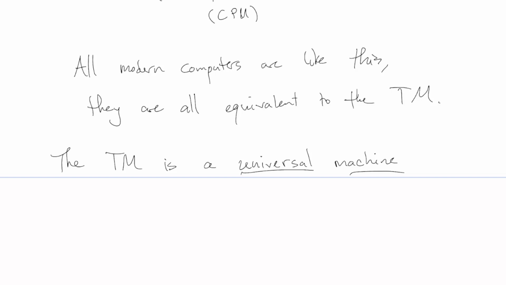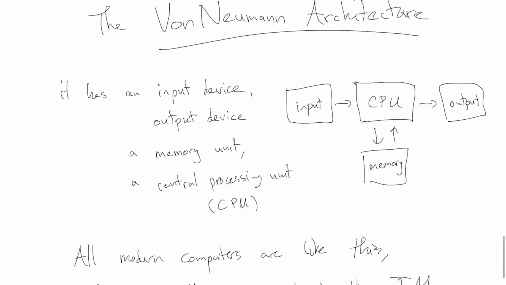Any thoughts about that? You might wonder, can a Turing machine simulate a quantum computer then? Because a quantum computer is fundamentally different from this kind of thing. Although it turns out quantum computers operate according to different principles, the difference between a quantum and a normal computer is really a matter of algorithmic speed.